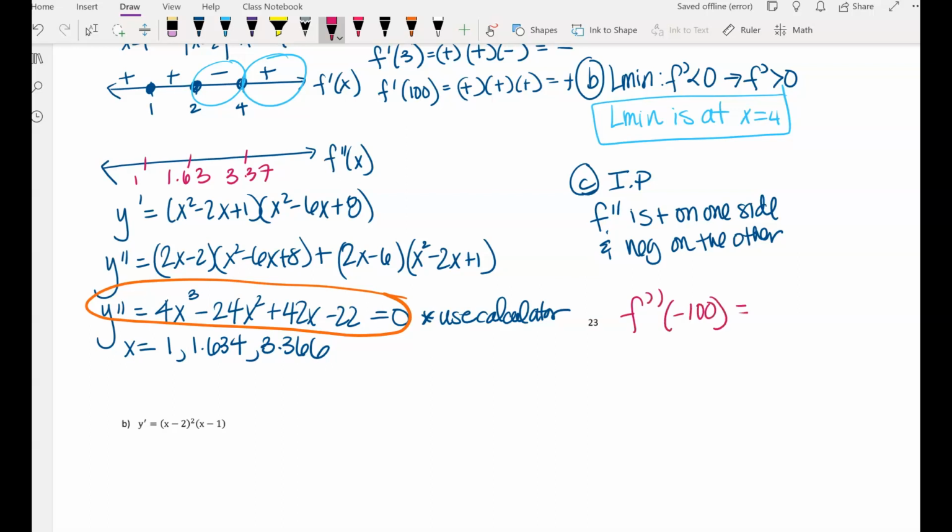All right, end behavior in between 1 and 1.63 is, say, 1.5, and this is an ugly equation, so I'm definitely going to need some help. And then in between 1.63 and 3.37, I'm going to do f prime of 2 and then write the end behavior.